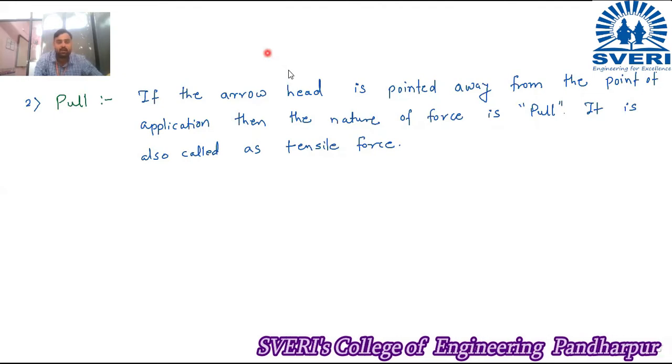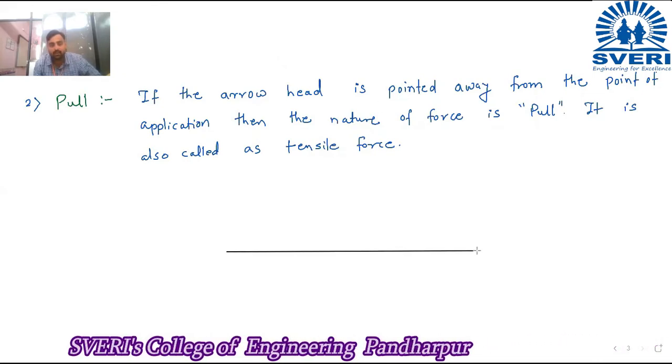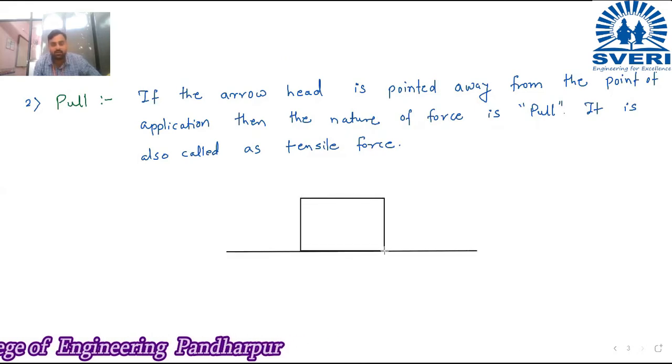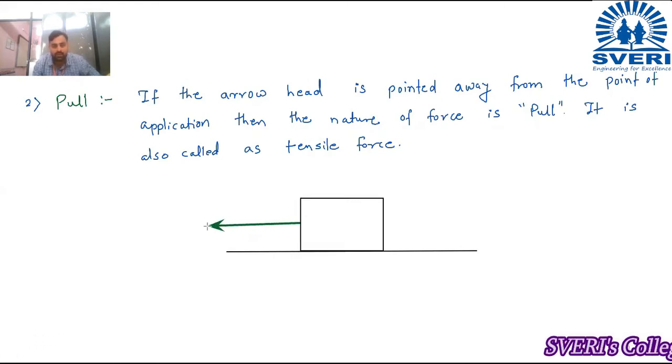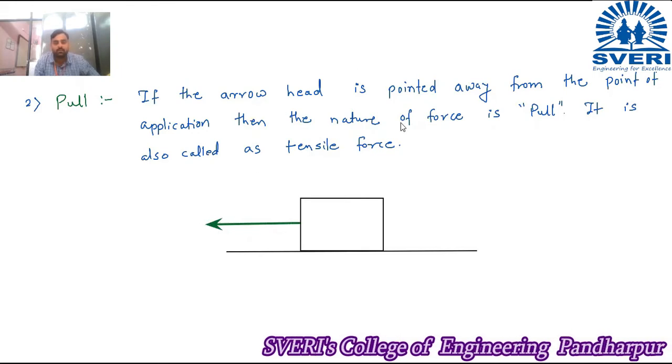So if we draw the diagram of this, I will draw the diagram like the previous one. So here again the surface is there on which a block is resting. Now this time the nature of the force, if you apply the force, this is the nature of the force. So this is pull. This is nothing but pull.